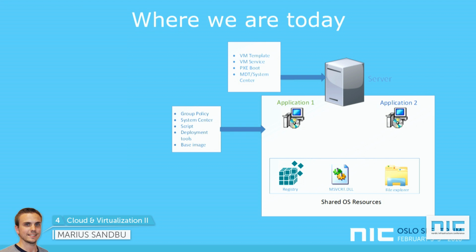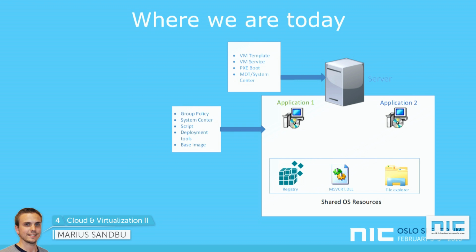And of course, we might also use System Center Configuration Manager, PXE boot, and MDT to do the deployment, deploy a task sequence, and so on. So the management of the operating system is basically provisioning, fire and forget, and then you have management tools in the back that maintain and update the operating system itself.